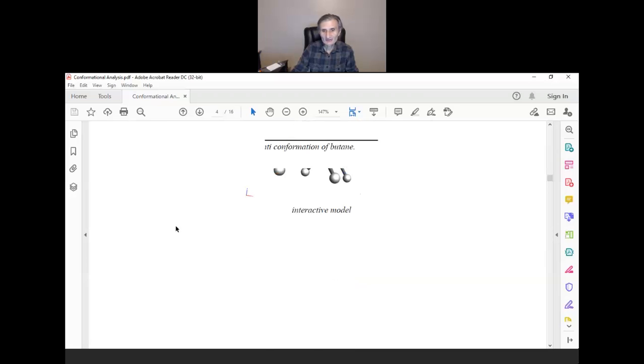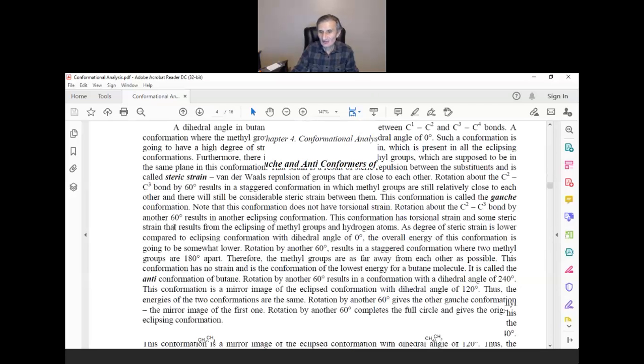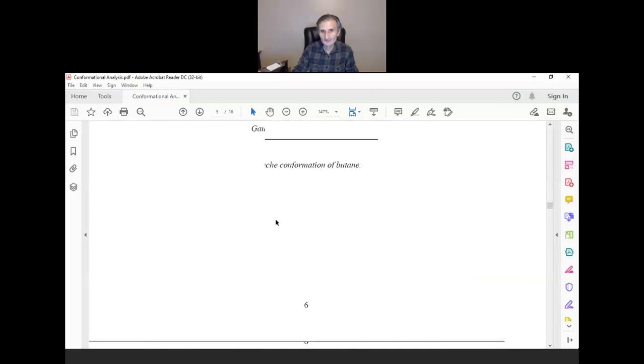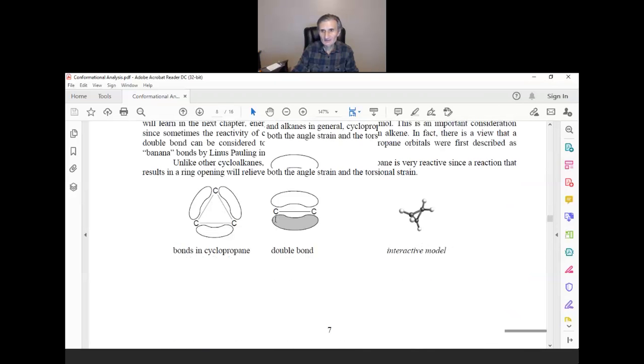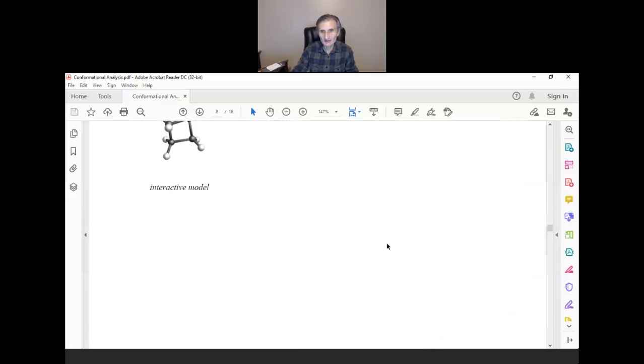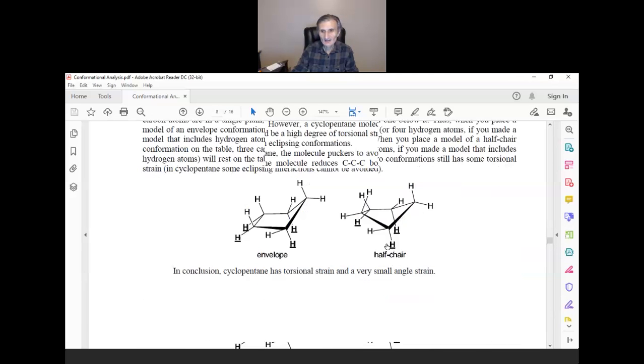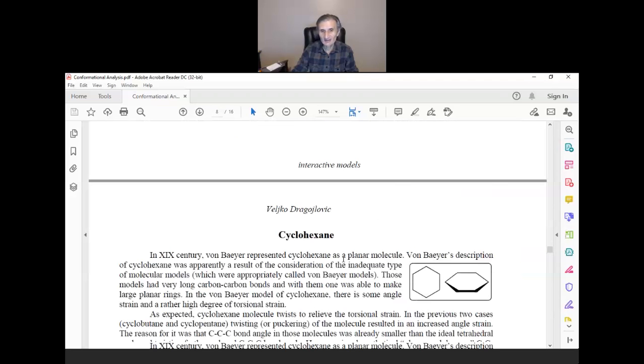That's also very important for cyclohexane that I just discussed. Again, more movies, and here is an interactive model for cyclopropane. Again, you can click on it, activate it, play with it. Cyclobutane, cyclopentane, envelope and half chair, cyclohexane.